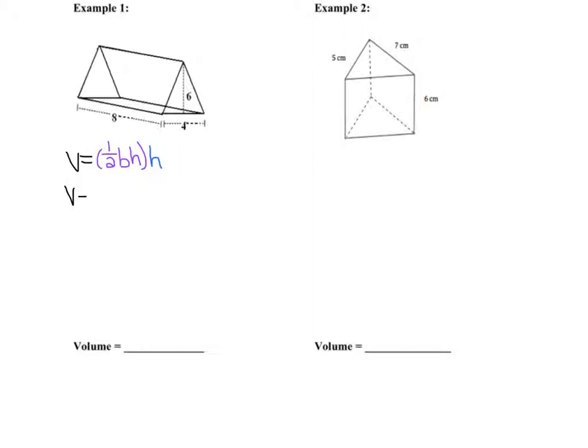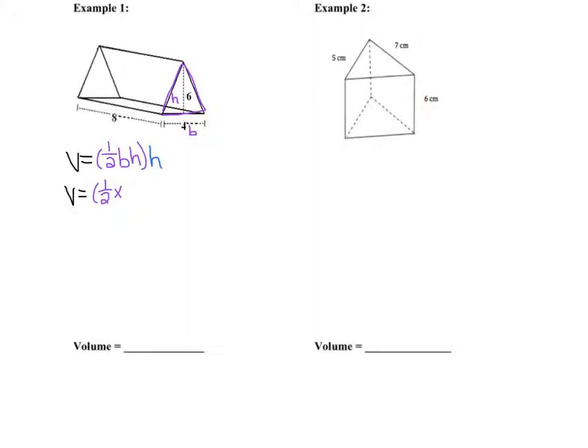We have volume equals 1/2 times, well, let's find our triangle. Our triangle is right here. And our base is 4, and our height is 6. We identified what our base and our height is in the triangle. So let's now substitute our numbers for the base and height of our triangle.